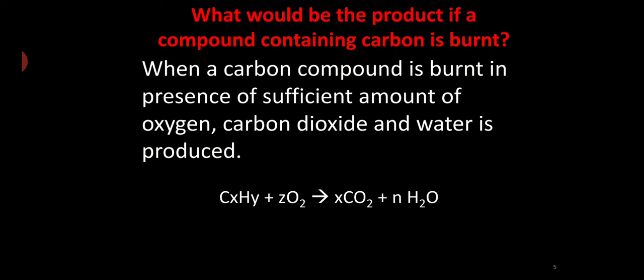When a carbon compound is burnt in the presence of a sufficient amount of oxygen, obviously oxygen should be present when we burn things, the end products would be carbon dioxide and water.